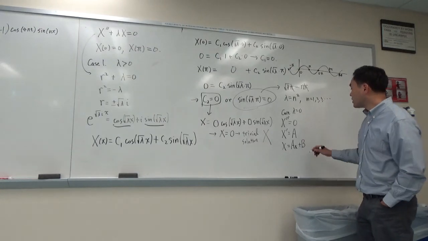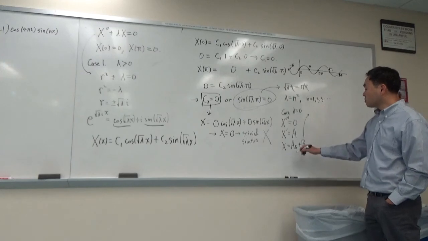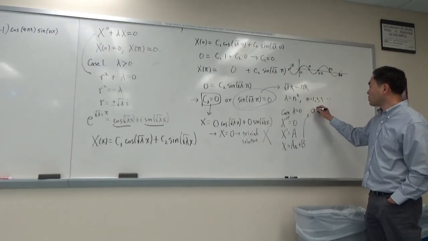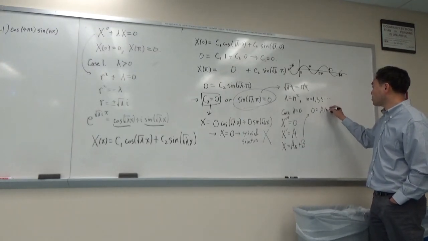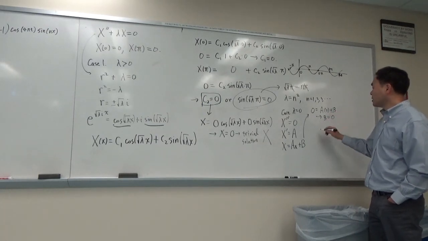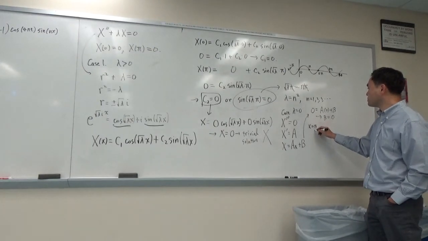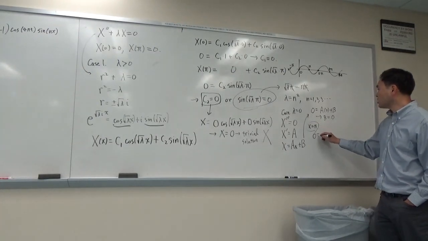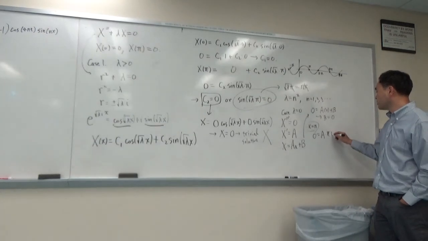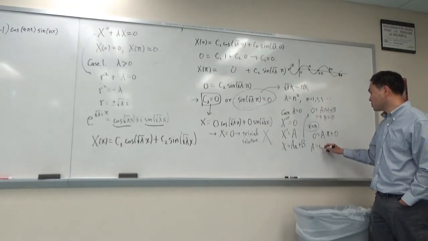Then you apply the endpoints. If you plug in x equal to 0, the left side will be 0, and you get a times 0 plus b, so b must equal 0. Then if you plug in x equals pi, 0 equals a times pi. b is already 0, so a must be 0 as well.